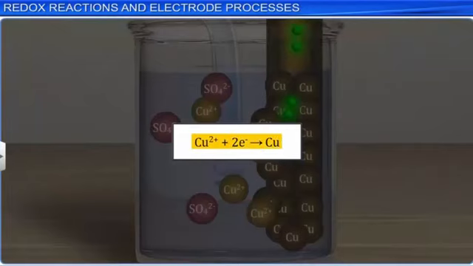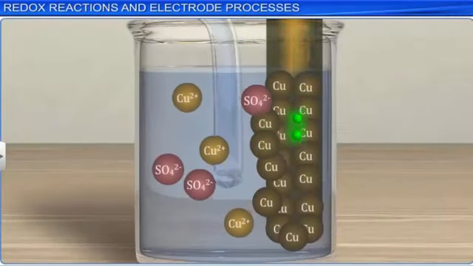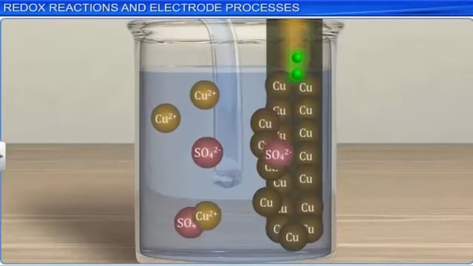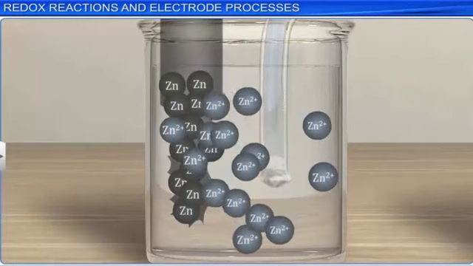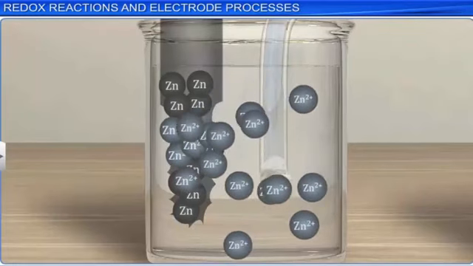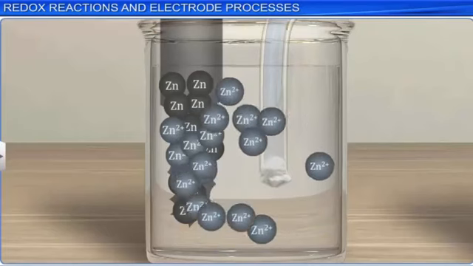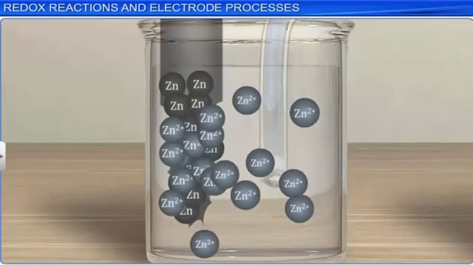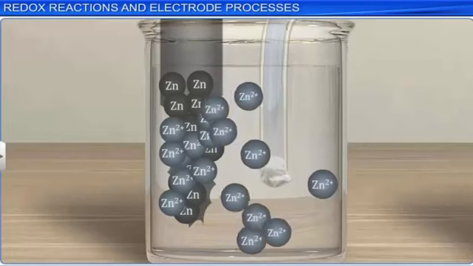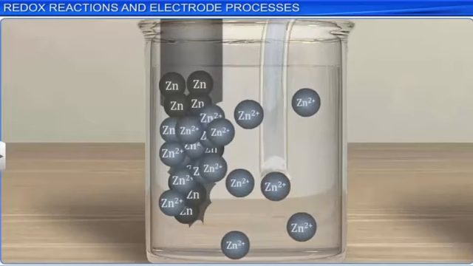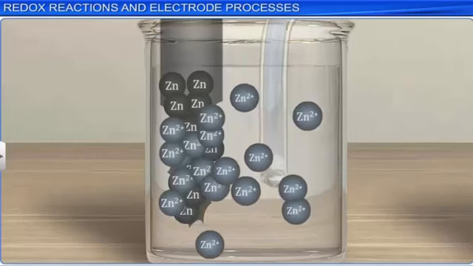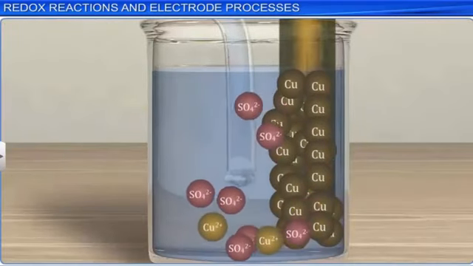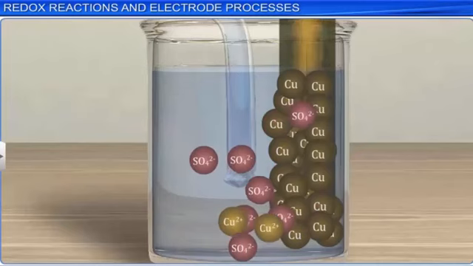As the reaction continues, the excess zinc ions accumulate around the zinc rod in the zinc solution. Due to this, any further oxidation of zinc stops as the repulsion among Zn2 plus ions increases. Similarly, copper 2 plus ions reduce to copper atoms and deposit on the copper rod.